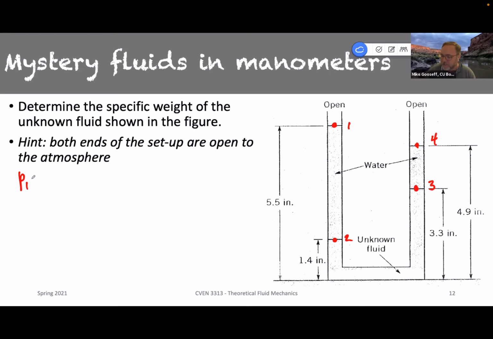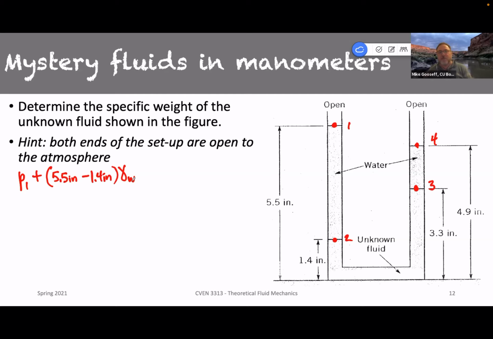This is going to be 0, but I'm going to keep it there as P1. We're going to add the height of the water here, 5.5 inches minus 1.4 inches. That gets us to the interface with the unknown fluid at 2, and then we multiply by gamma water to figure out what that pressure change is.